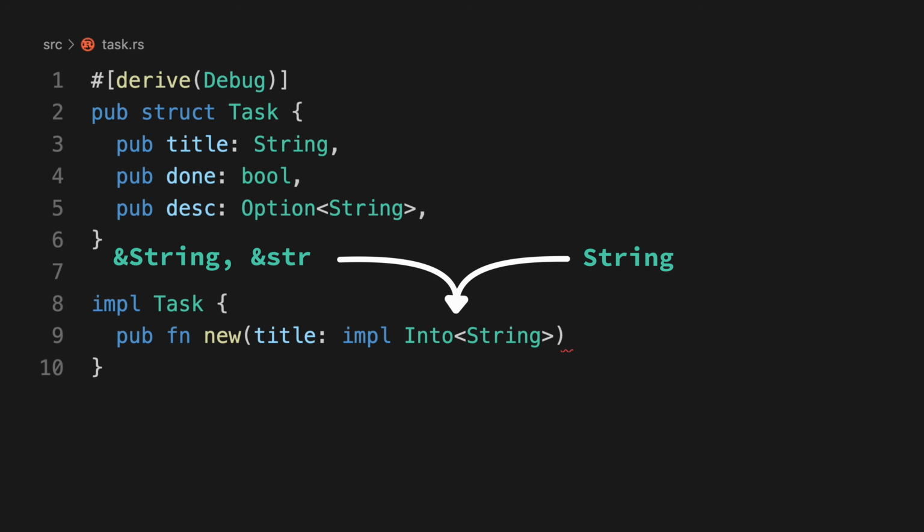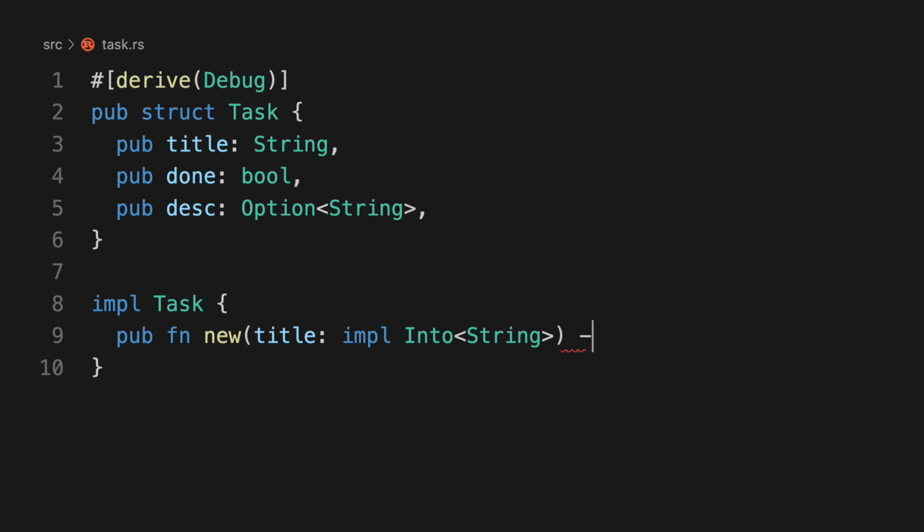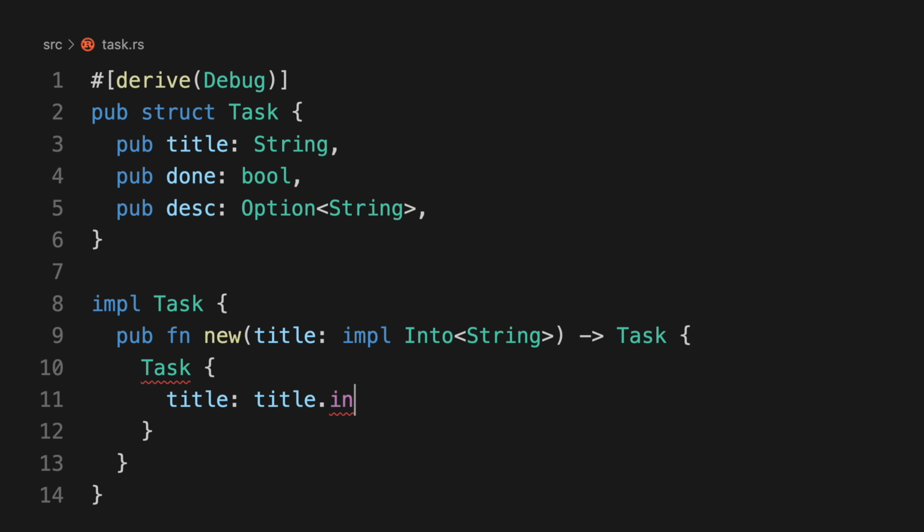And it will only do the allocation if needed. And then it will return Task. And now we're doing our Task literal inside the constructor function. We're going to set our title with the .into(), which will create a new allocation only if a reference of a string or a string slice is passed. And then we're going to have done false and the description None.